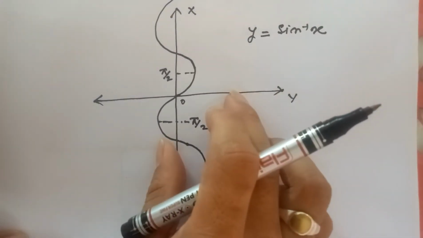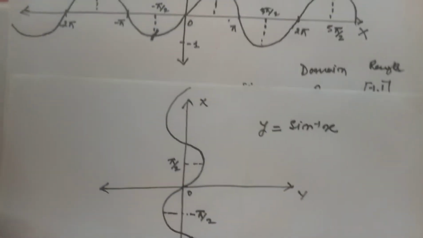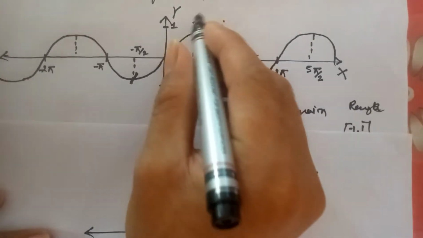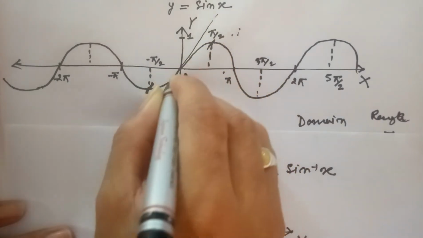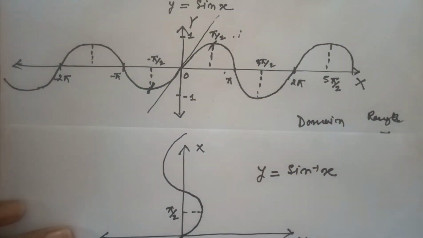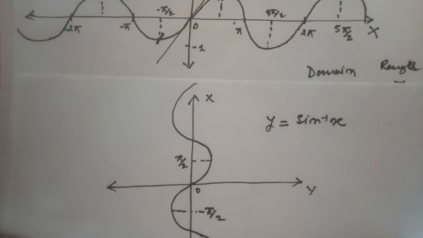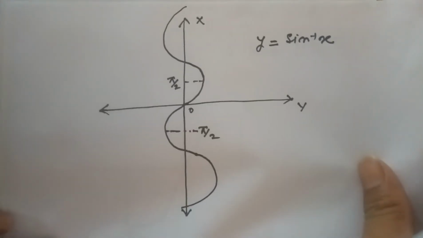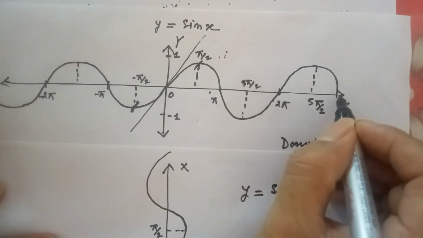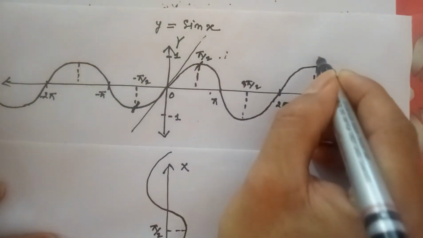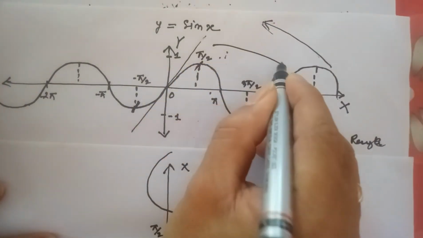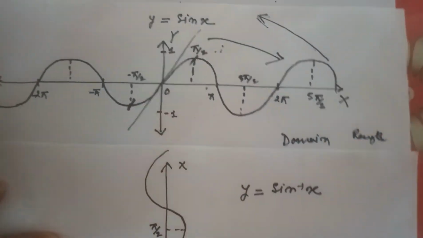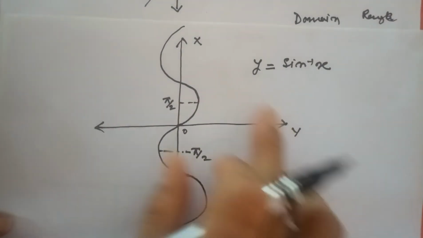By putting the mirror here, and we plot it, or we interchange the ordered pair or coordinates. This x goes to that y, and this y comes to this side. So you see, this y, this x.